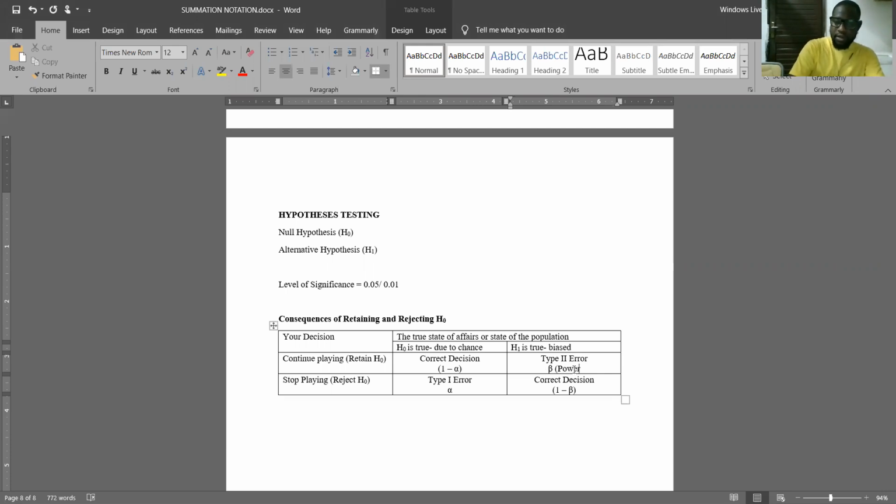It is the probability of rejecting H0 when H0 is false, or rejecting H0 when H1 is true. That means you've made a good decision. That is power. So basically, these are some of the key things they can ask you: what is type 1 error, type 2 error, and power. These are the things you need to know.